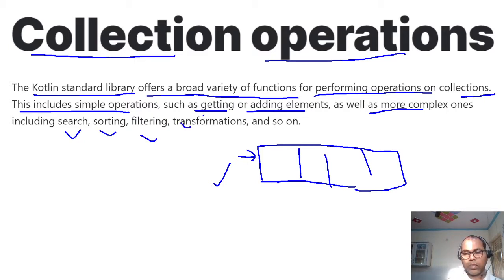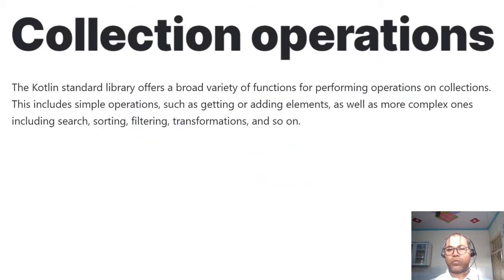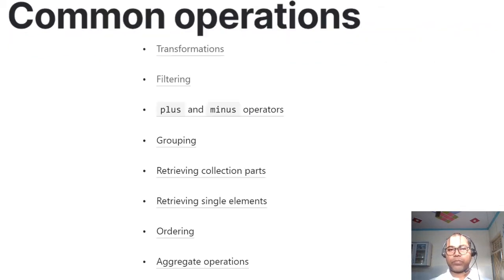A collection has a list of elements, and Kotlin offers standard methods for them that we can use. In general, these are the common operations we are going to use in Kotlin.